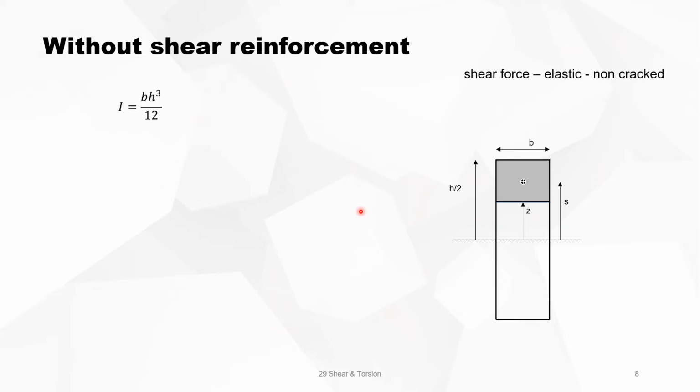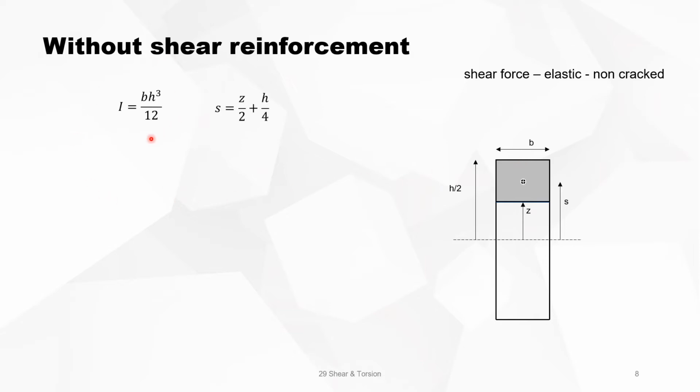Now let's have a look at a rectangular cross-section. The green part is the section in compression. Now we are just going to calculate the shear stress in function of the coordinate z. z is 0 at the neutral axis and it's h over 2 at the most compressed fiber.